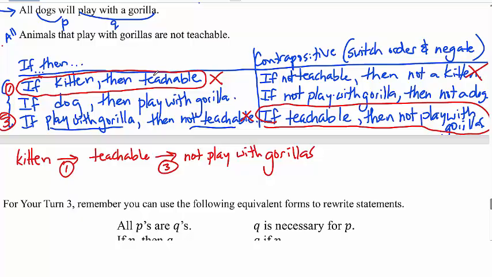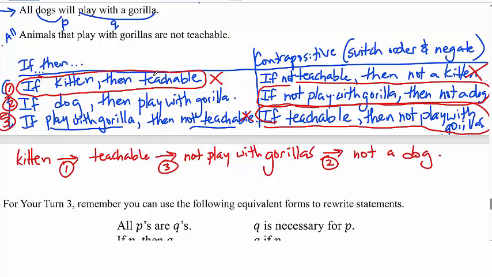So fact number 2, does it show anything about what happens if you don't play with gorillas? Yes. On the contrapositive version, it says, if I don't play with gorillas, then I'm not a dog. So we were able to make a 3-statement chain reaction.